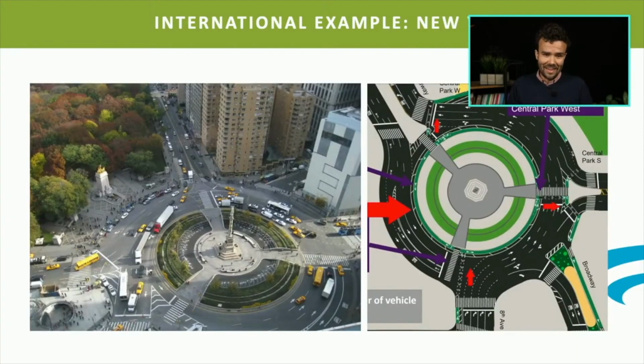Then, I find this one hilarious, Columbus Circle in New York. On the right-hand side, it is kind of hard to see, but this was a design done for this crazy roundabout junction system. But they put the cyclist in the middle, circulating the middle island, which to me sounds very confusing because A, how do you get on it, and B, how do you get off it?